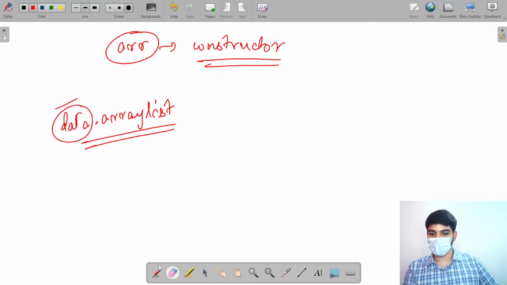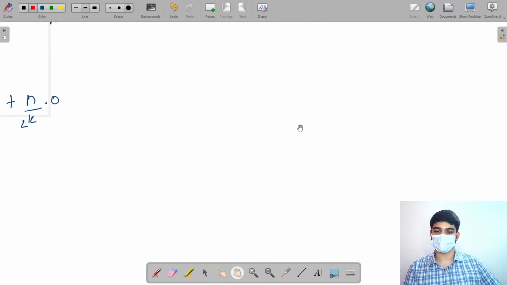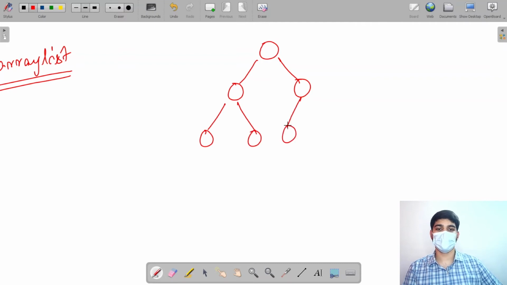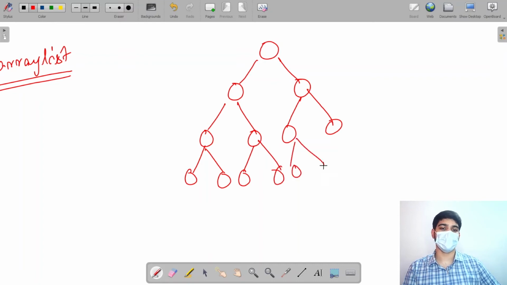Okay. Then what I'm going to do is, if I have a heap over here, and if this heap is currently not following the heap order property, right? This would be a complete binary tree, but it won't be following the heap order property.